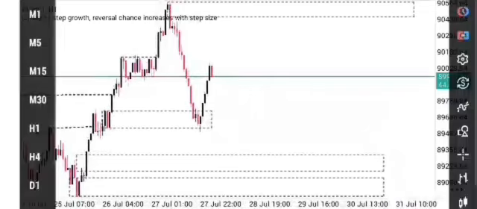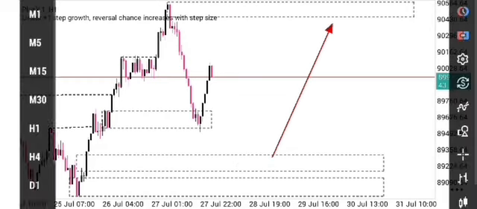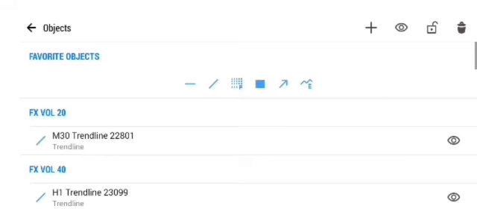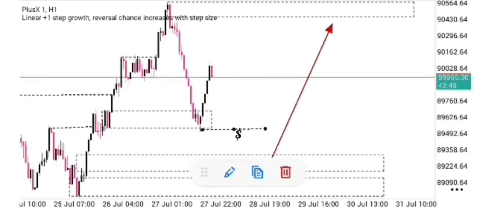So basically what I mean is this. I expect price to come here, and then I enter for buys. So this is our other liquidity area right here, where liquidity is resting.